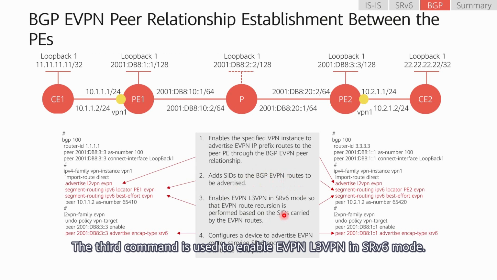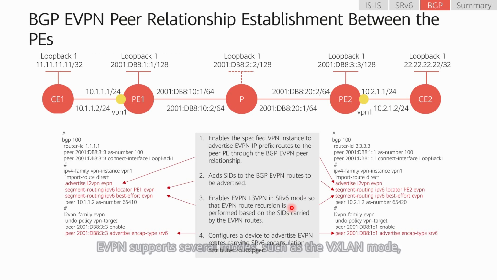The third command is used to enable EVPN L3VPN in SRv6 mode. EVPN supports several modes, such as the VXLAN mode, but we'll use the SRv6 mode in this example. After EVPN L3VPN in SRv6 mode is enabled, EVPN route recursion is performed based on the seeds carried by the EVPN routes.